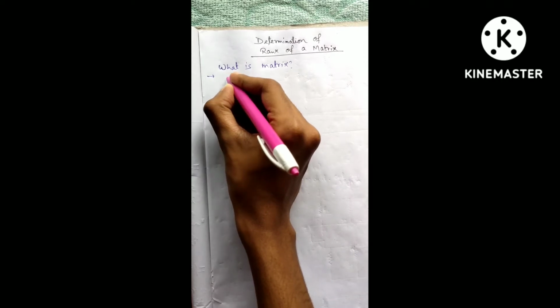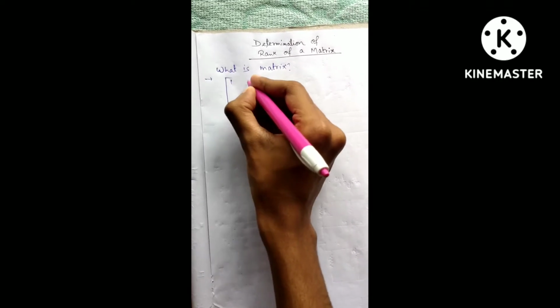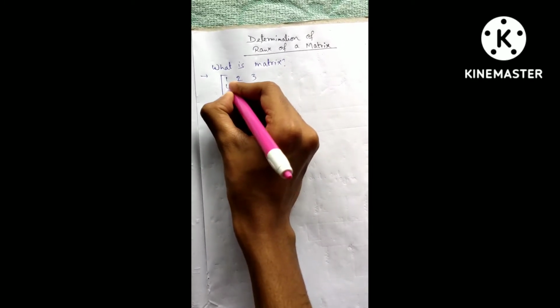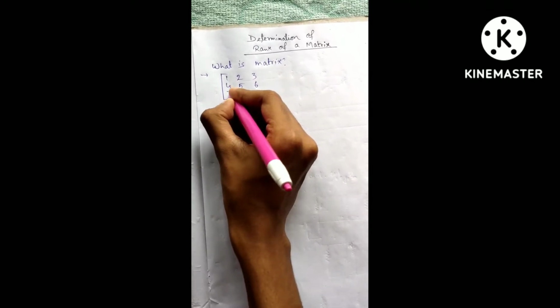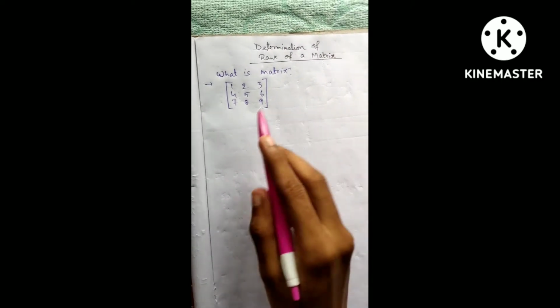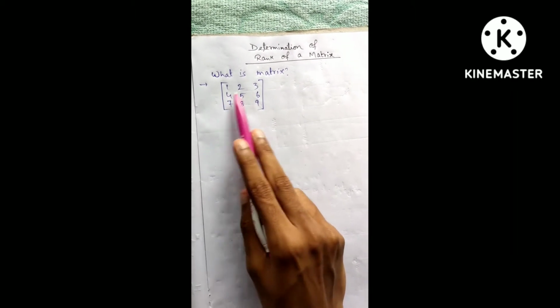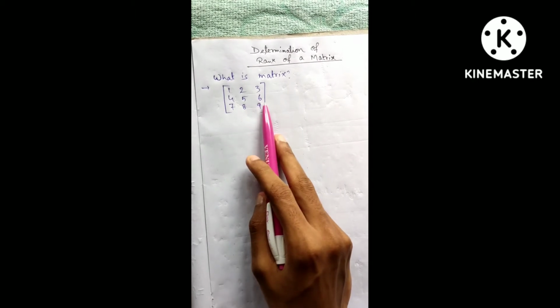Suppose it is a matrix. Let we have the numbers 1, 2, 3, 4, 5, 6, 7, 8, 9.